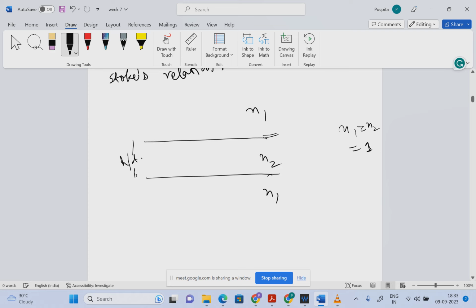So this is a light of amplitude A naught incident on the interface of medium 1 and 2. Part of this will be reflected, A0 R1, and part of it will be transmitted, A0 T1.